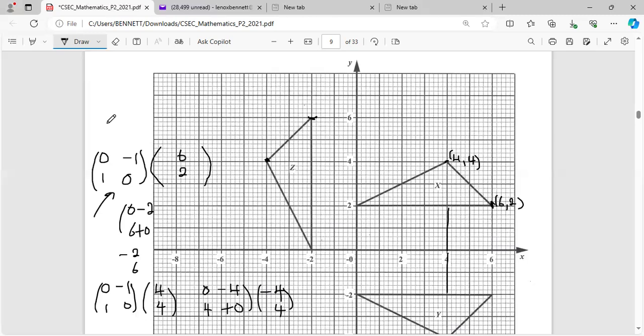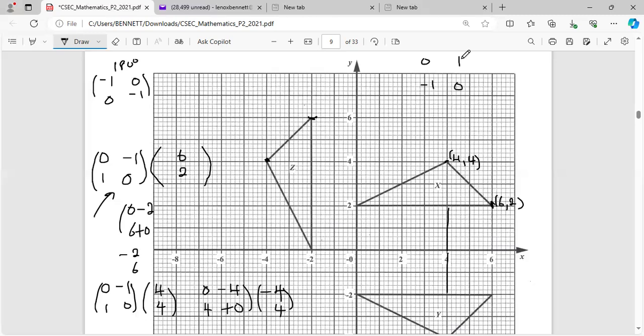For 180, it's -1, 0, 0, -1. And this is for 180. So you have to know these little things, guys. It can help you a lot. And then for the 270, it would be 0, 1, -1, 0.